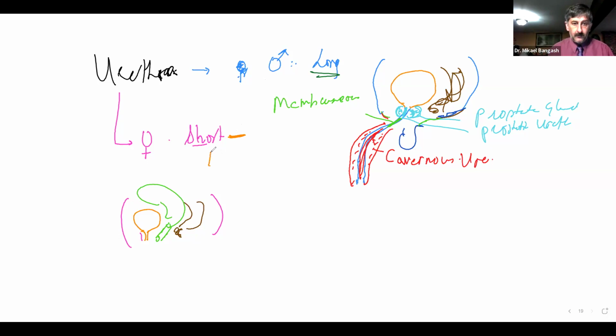That's one of the major reasons that women are more likely to suffer from UTIs. Primarily, the reason is because of the short urethra.